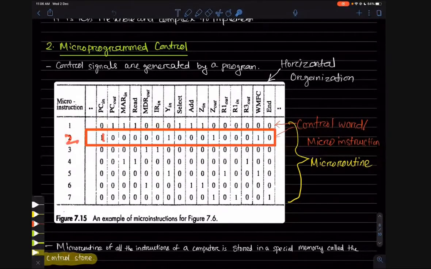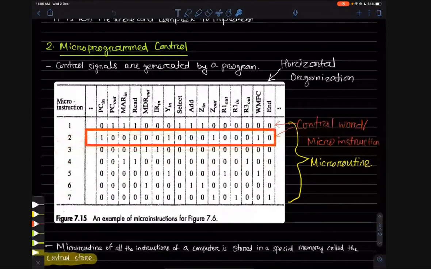Whichever signal we want to generate will be 1, and this table is fixed, because we have to do the addition process in the same way all the time. So all the signals will be generated in the same sequence, and that's why these signals are fixed. This table is fixed, and the signals per each step are fixed.